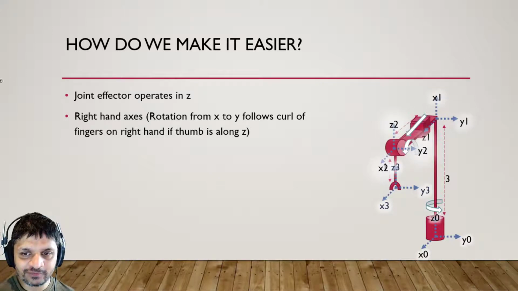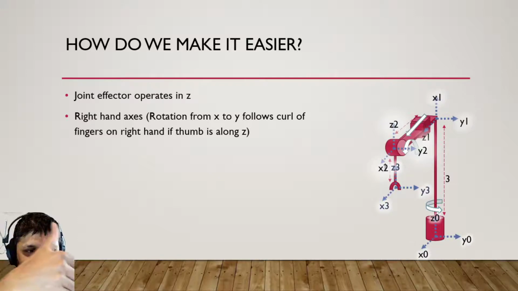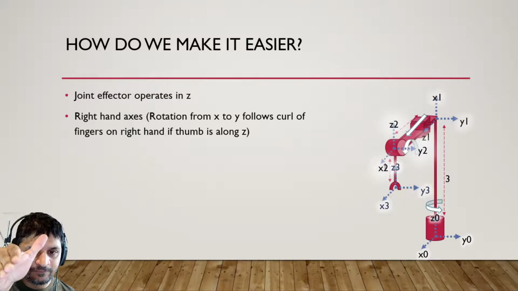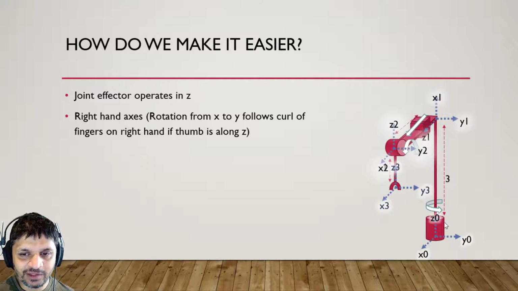So if you look at this axis here and you try to follow the right hand axis rule, you'll see that if you point your fingers along X, it's a bit hard to do because the camera is upside down, if you know what I mean. Then if that's X, I can curl by 90 degrees to Y, which is exactly what's happening in this axis.